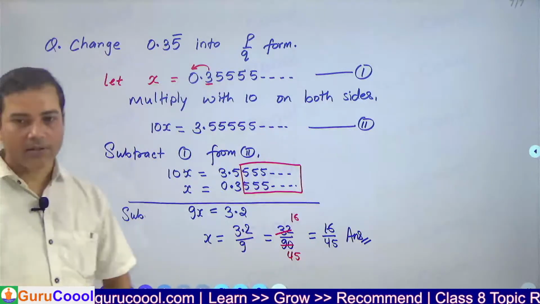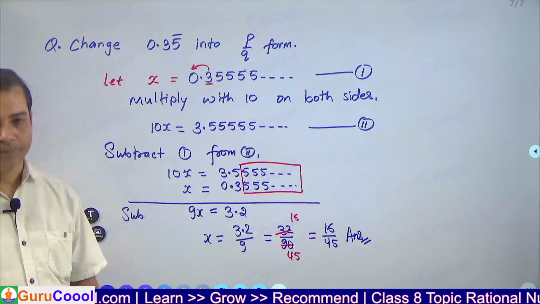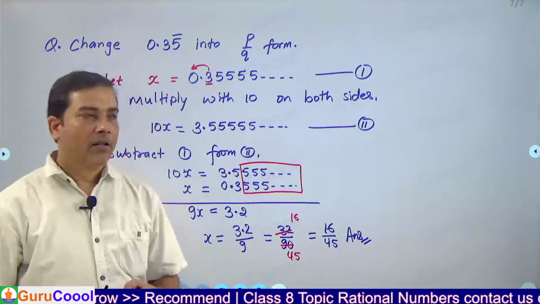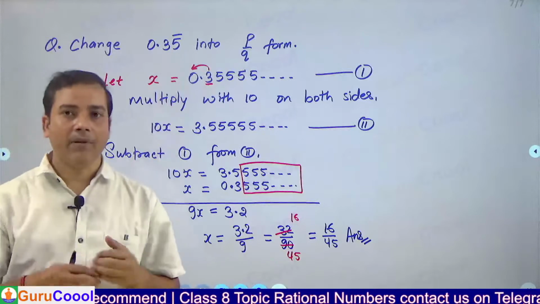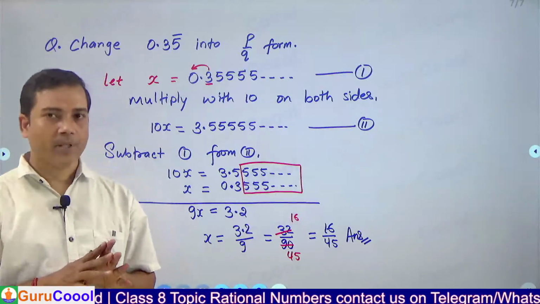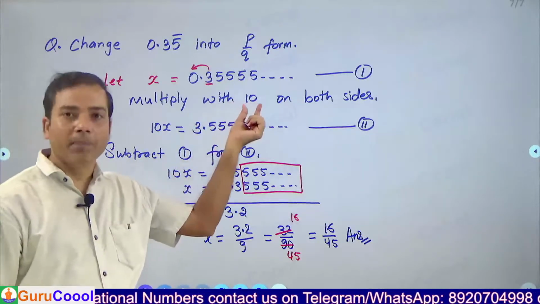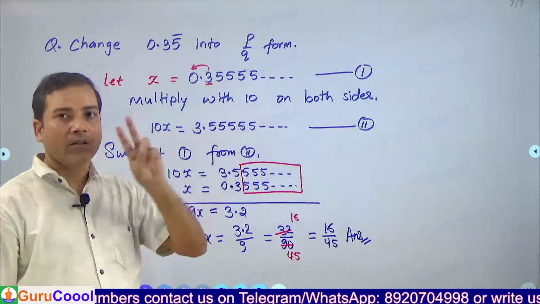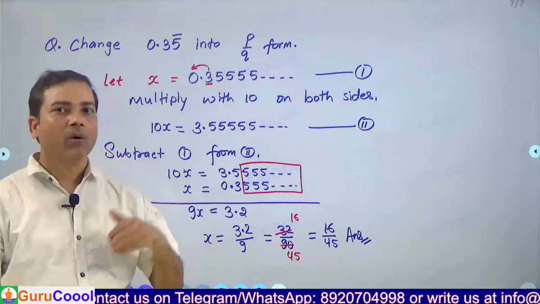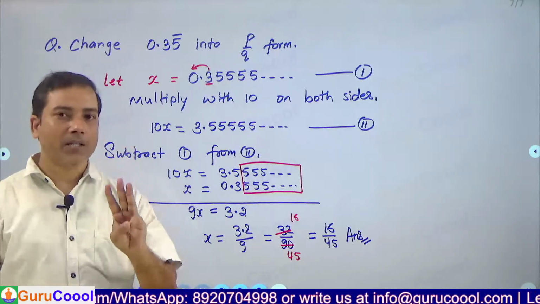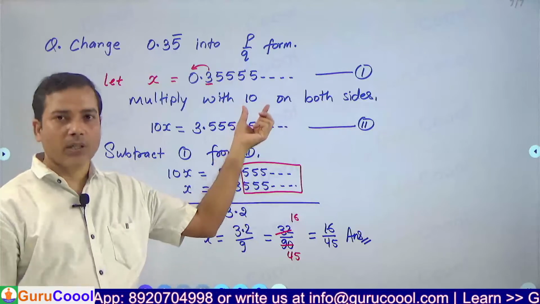Any more questions? No, sir. You need to remember that the number of digits having the bar sign gives us the number of zeros we have to multiply with. If there are 2 digits with bar sign, we multiply with 100. If there are 3 digits with bar sign, we multiply with 1000.